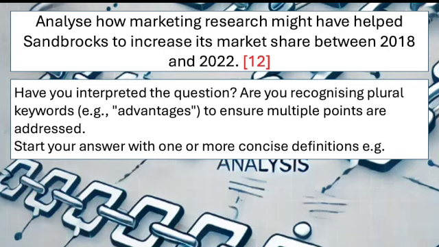So make sure that you're looking at the plural keywords. For example, in the mark scheme it says issues, and often what they might say is advantages. But what I'd also recommend is you should be having a look at more than one issue anyway in a 12 marker.